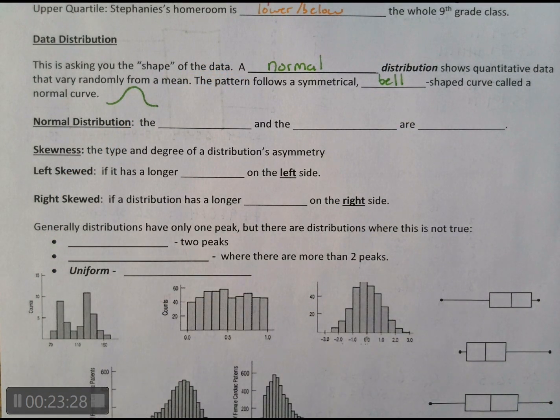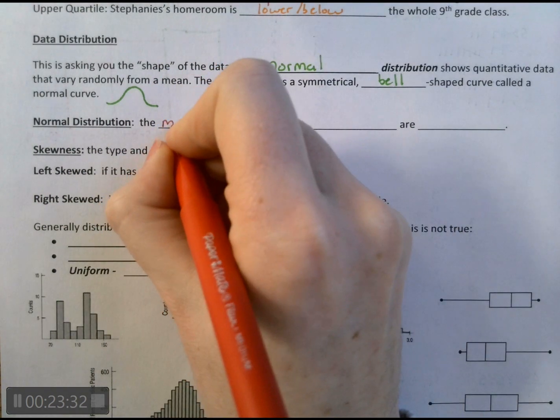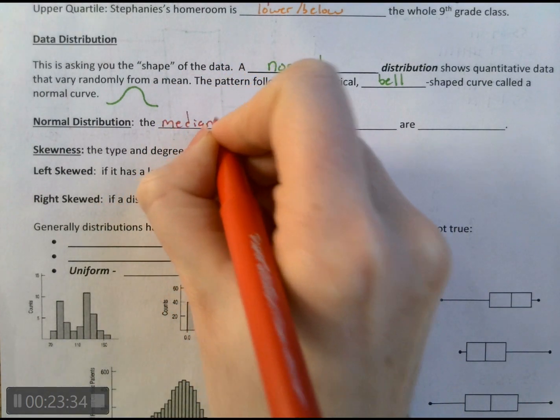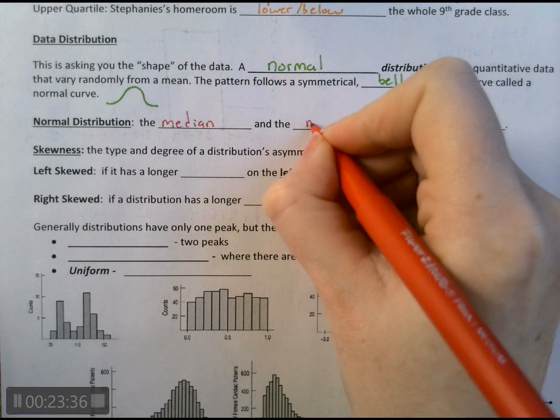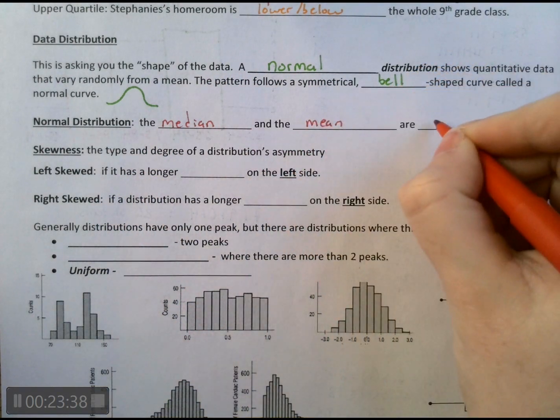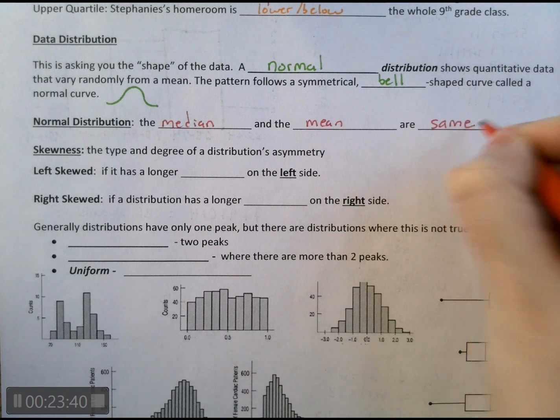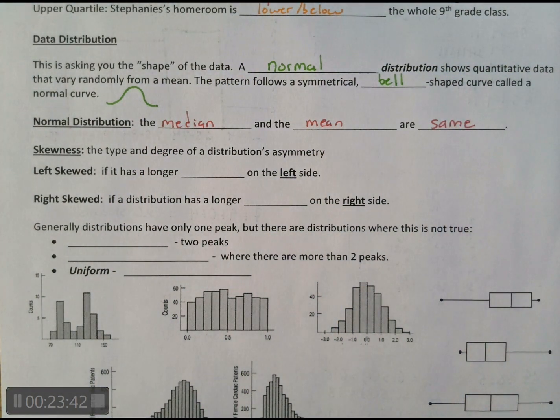Alright? So, in normal distribution, the median and the mean are the same. Okay? So that's what a normal distribution is. Median and the mean are the same.